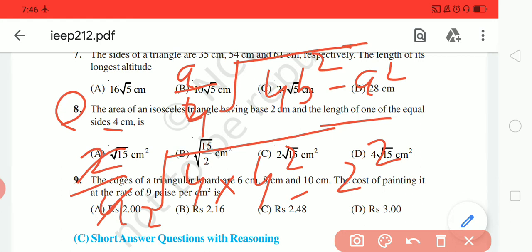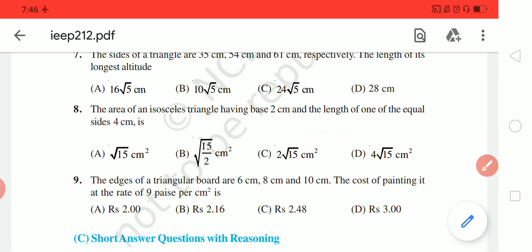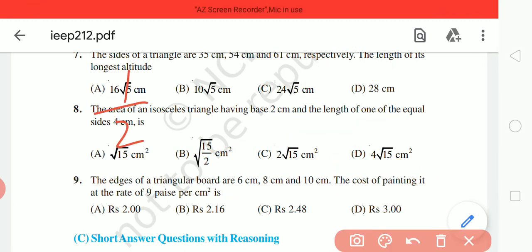Instead of 2 square you can write 4, right? 4 4s are 16, 16 4s are 64, 64 minus 4 is 60, right? So you just have 1 by 2 into root 60.